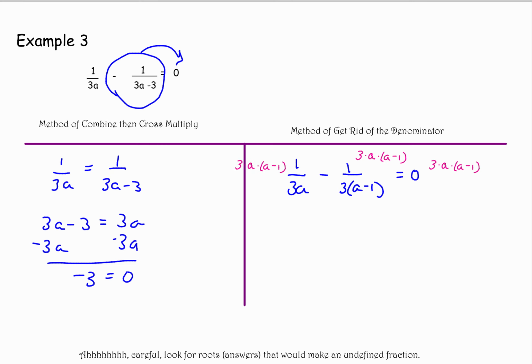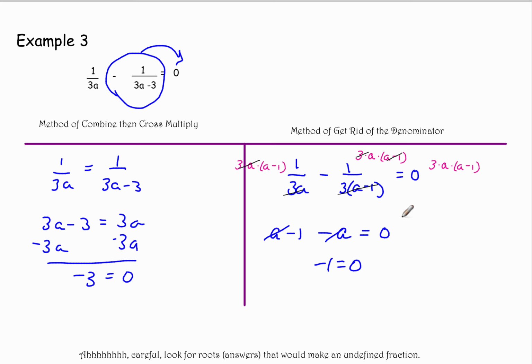Let's cancel out. Okay, a 3a minus 1, well, you're a 3 and an a minus 1, so that leaves me with just the a there. The 3a and the 3a cancel, so I'm left with, let's see, a minus 1 here minus a equals 0. A minus a cancel out. Negative 1 equals 0. Over here I got negative 3 equals 0.